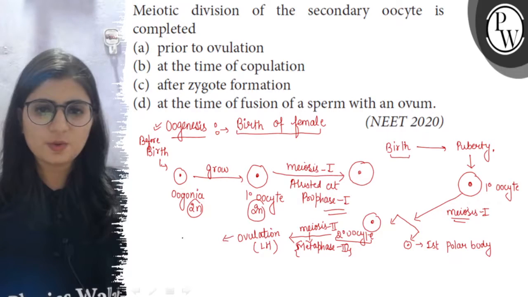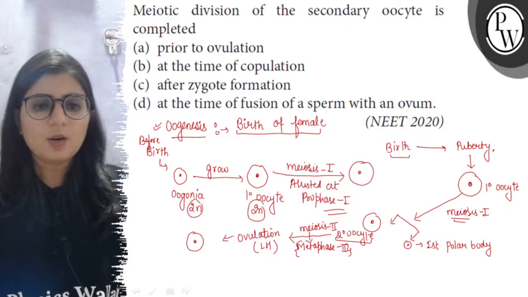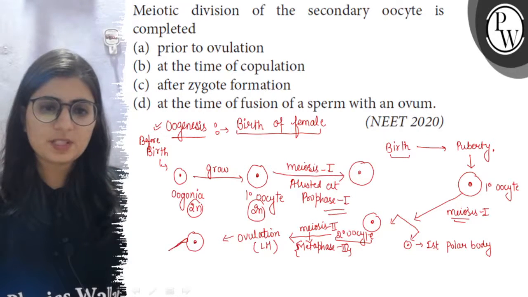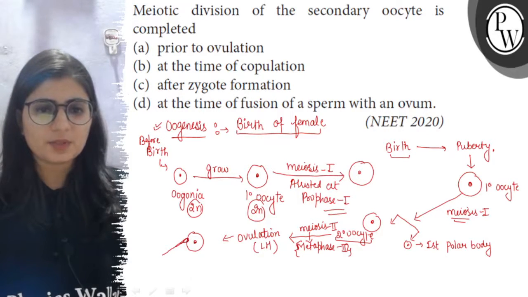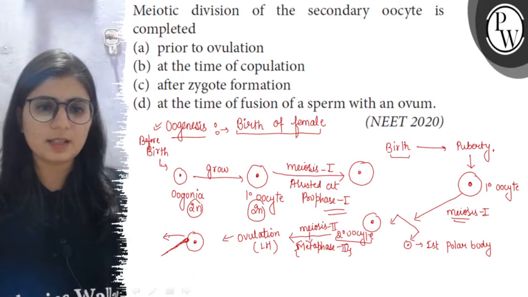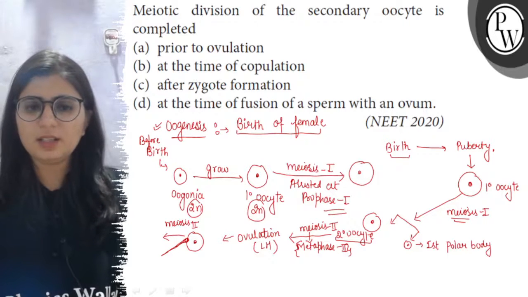Now this secondary oocyte comes into the fallopian tube. If the sperm and this secondary oocyte fuse, only then will meiosis 2 be completed. Otherwise it will degenerate.